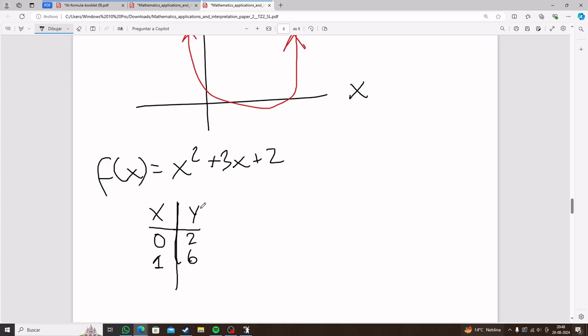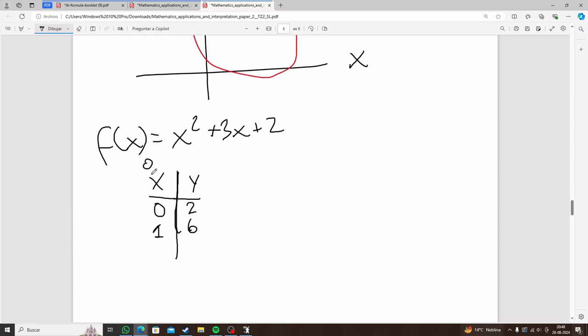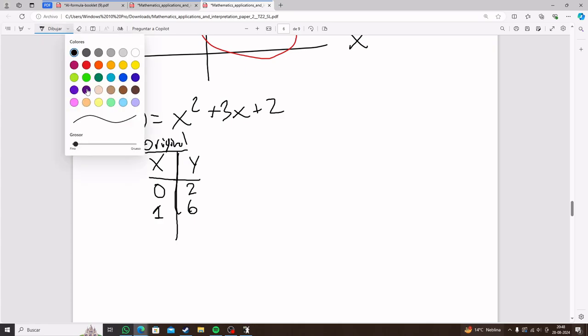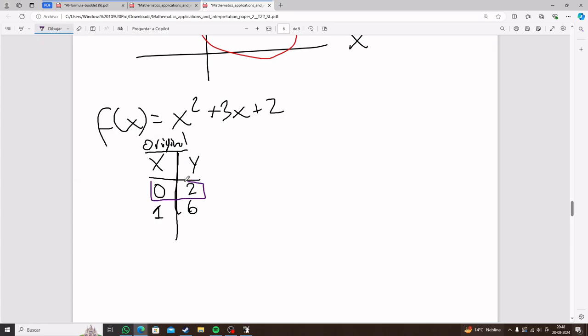And so if this is the main idea, in the original, if you haven't done the derivative, if you haven't done the integral, if you haven't done anything at all, what you're getting right here are sets of points. Yeah, it's 0, 2. It's 1, 6. They're all x, y coordinates.